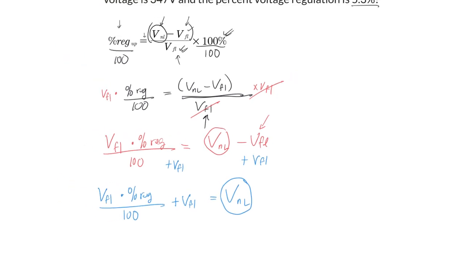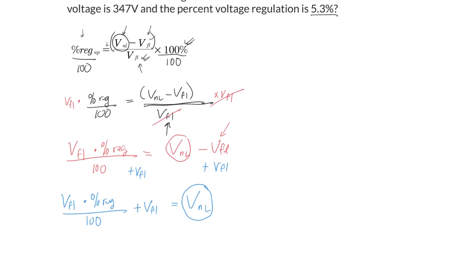Now if I go to the top to see what my numbers are, the full load voltage is 347. So that goes here, 347 times the percent regulation, which is 5.3. So 5.3 divided by 100 plus VFL, the full load, is 347, equals this.